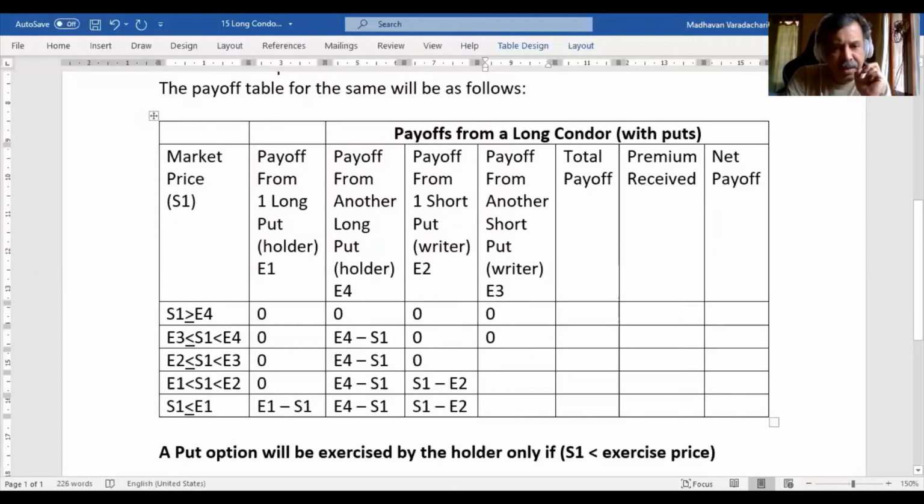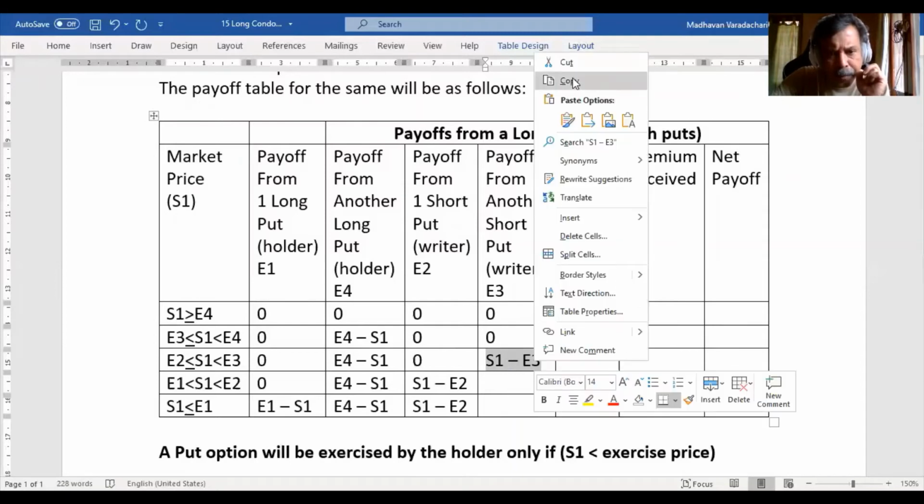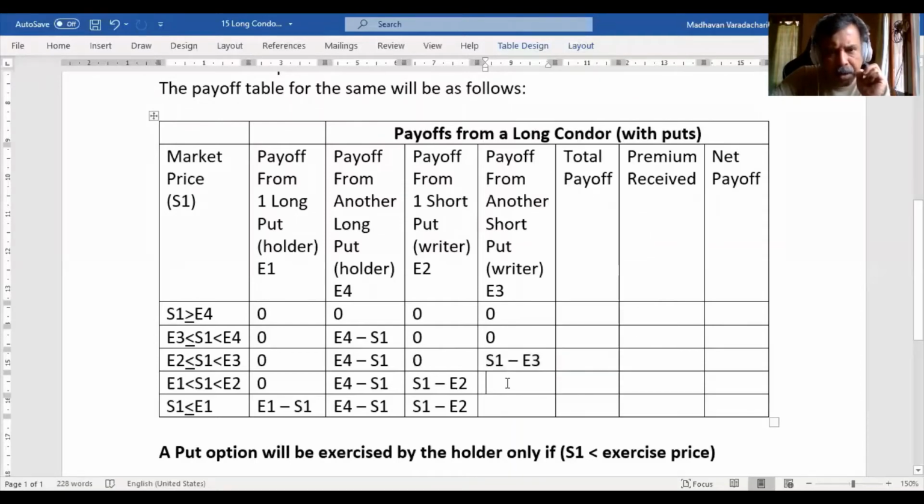S1 less than E3, he will exercise, his profit will be E3 minus S1, which means mine will be S1 minus E3. Then S1 is less than E2, that means it will be less than E3 also. So he will exercise, his profit will be E3 minus S1, so mine will be S1 minus E3. That will be the same for the subsequent two cases, because in both the cases, S1 is lesser than E3.